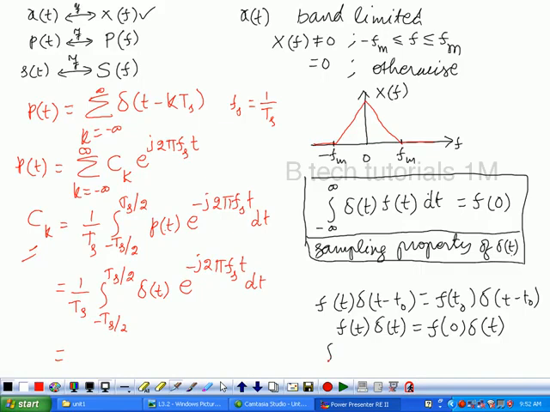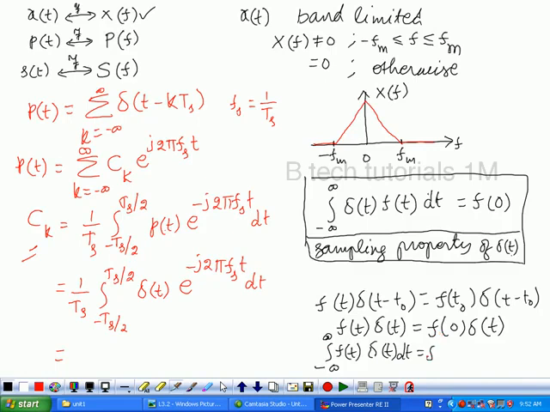Then what will you get? Integral from minus infinity to plus infinity of f of t delta of t dt is equivalent to, see, what is f of 0? F of 0 is the value of f of t at t equivalent to 0. Definitely f of 0 is a constant, some value.